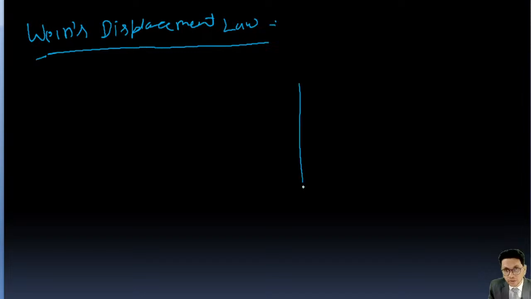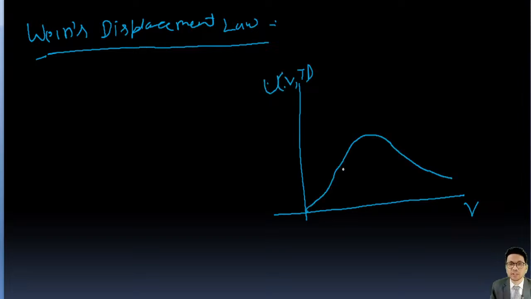So this is a graph. This is nu and this is u, which is a function of nu, radiation using Planck hypothesis. Here this is nu max, the peak energy density corresponding to nu. The frequency at peak energy is called nu max.